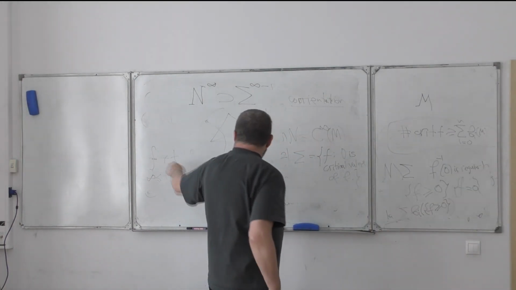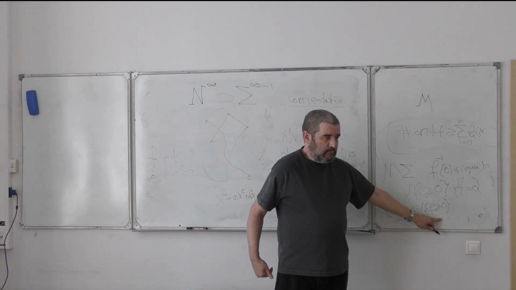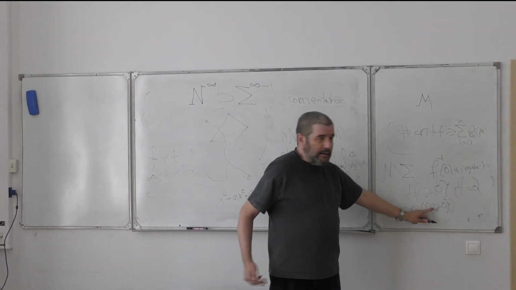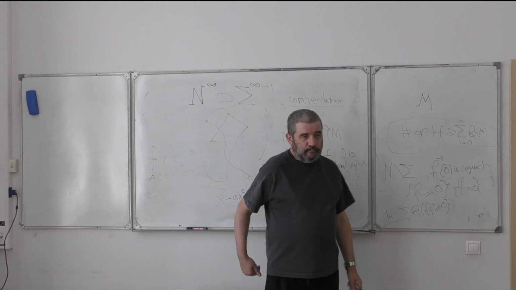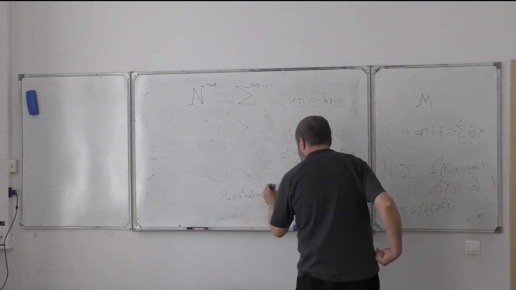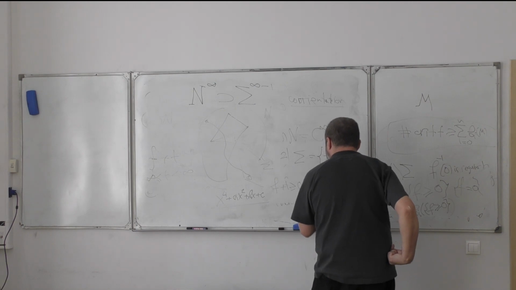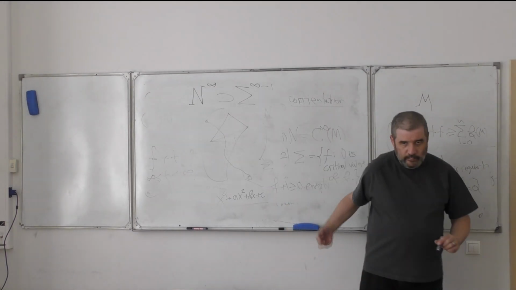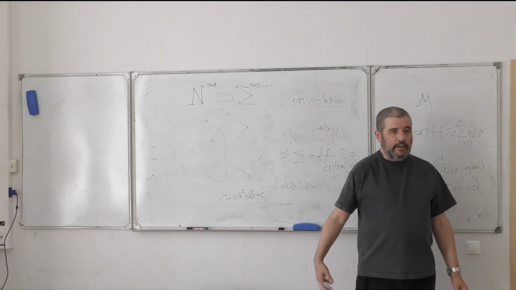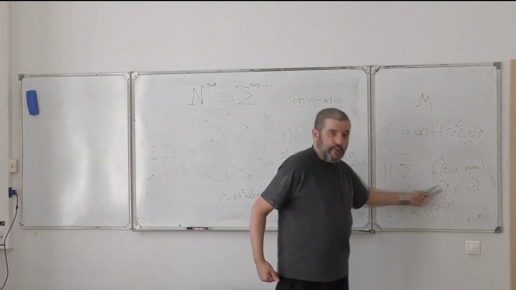So if t is very negative, then the set f plus t is empty. And if t is very positive, then that is the whole M.